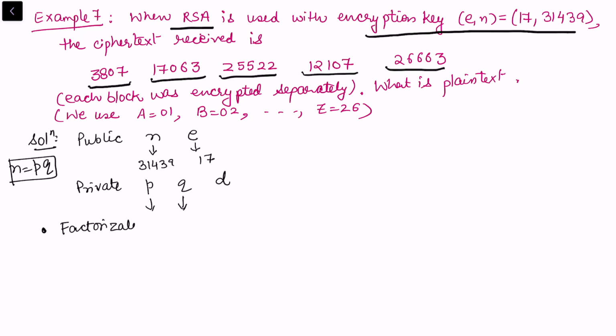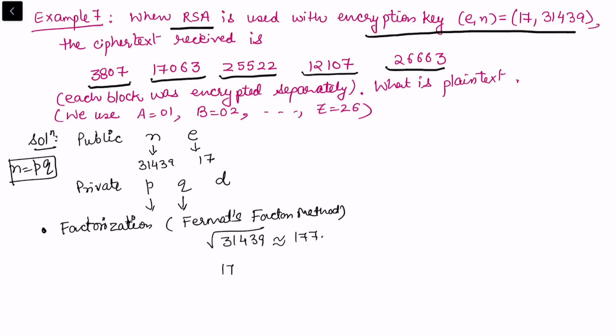Factorization is a very important problem in number theory and cryptography. There is one method of factorization which I have explained earlier in my videos, Fermat's factorization method. From that method, you find the square root of 31439, and we find that this is approximately 177.